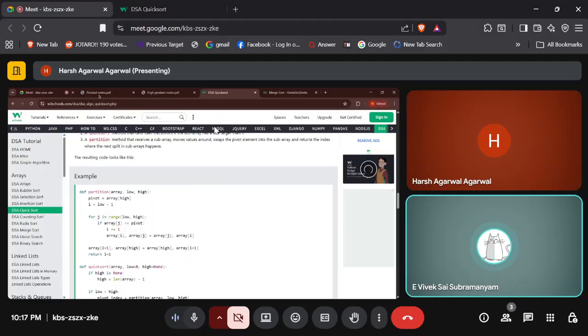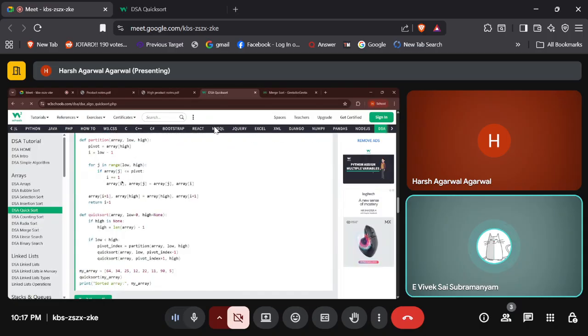Yeah, this is easier. See, this is what I was telling. So what we are doing is going from low to high. If array of j is less than or equal to pivot, we increase I and then swap I and j. So we have to remember that I will increase only if array of j is less than or equal to pivot, else I will remain at the same place.